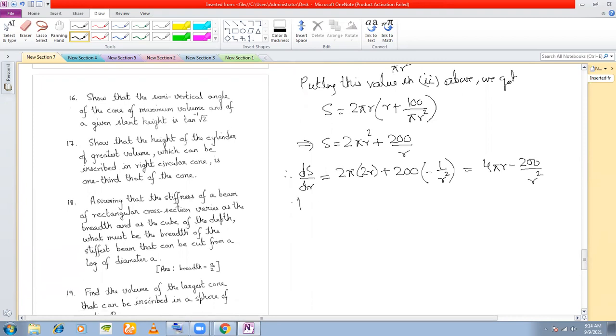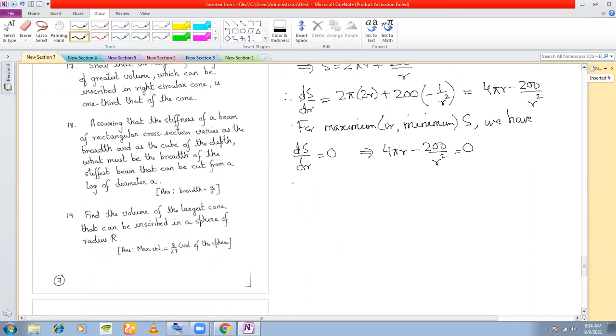So for maximum or minimum S, we have ds dr is equal to 0. That means 4 pi r minus 200 by r square is equal to 0.